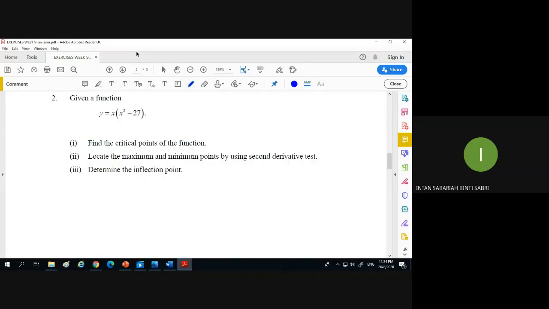To determine the nature of the function, we have two methods. The first one is the first derivative test that we already learned and revised earlier. You have to construct a table. If there is no table, then it is not the first derivative test. The second method of finding the nature of the function is by using the second derivative test. For me the second derivative test is easier.